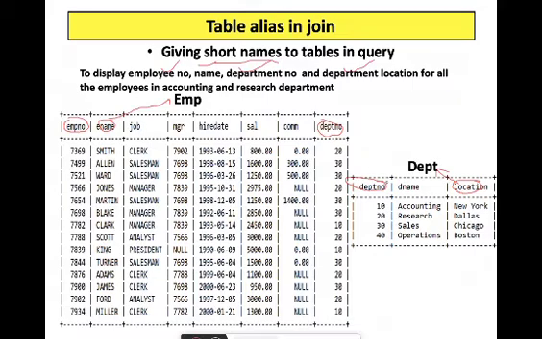So we'll see how to sort out this confusion also, because department number is in this table also, and in this also. So which department number to refer to and how, we'll sort out this confusion also.